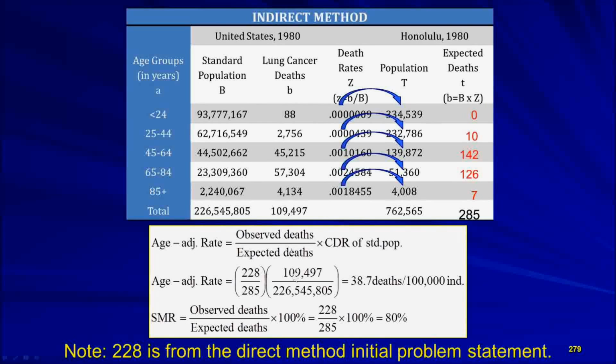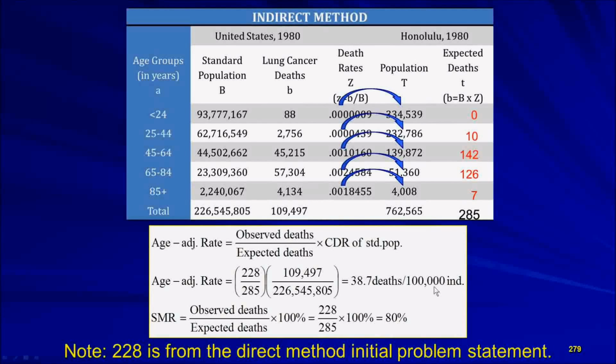We're taking into account the lung cancer deaths for the U.S. population and the total population, and after you do the math, and you should do it, we come up with 37.7 deaths per 100,000 individuals.